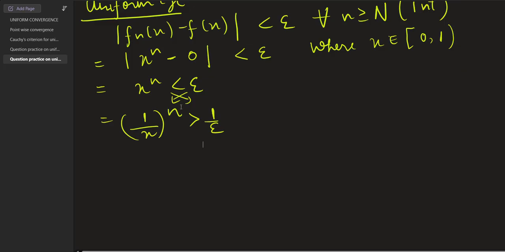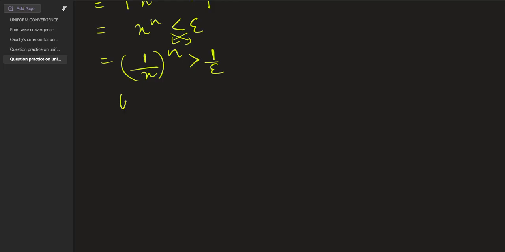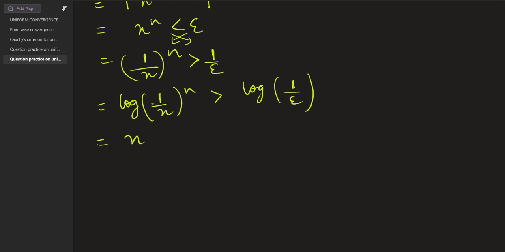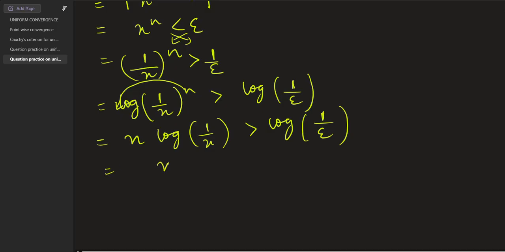Then if we take log both sides, log 1 by x^n is greater than log 1 by epsilon, which is equal to n log 1 by x, because the property of log says that n will come forward, so n log 1 by x must be greater than log 1 by epsilon. Putting n on one side and taking all other things to the other side, n is greater than log 1 by epsilon upon log 1 by x.